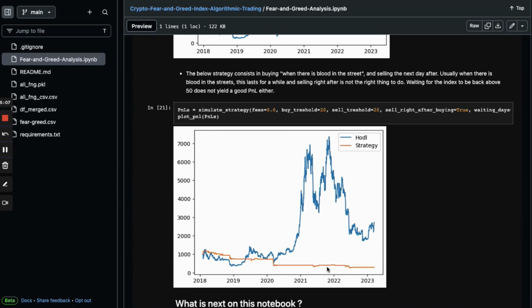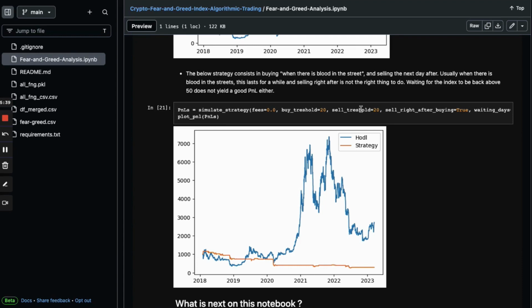On the other side, one other strategy which is the opposite of something that works is the following. So it goes back down from 1,000. It loses much and goes around 300. And the idea here is actually to buy when there is a certain threshold below 50, and to sell when there is a certain threshold which is 20 as well.